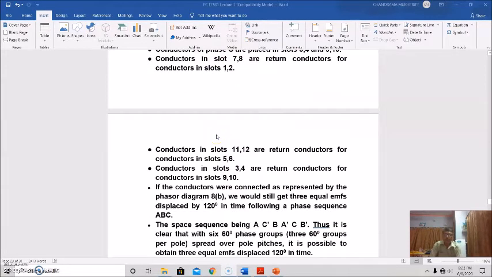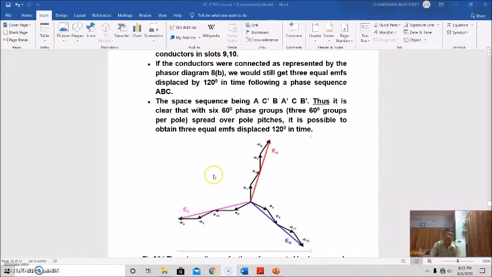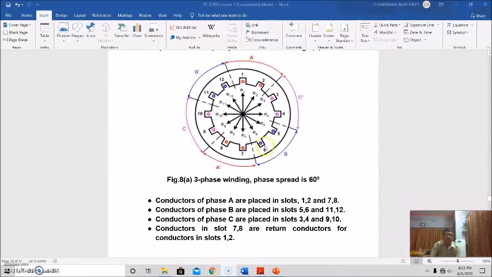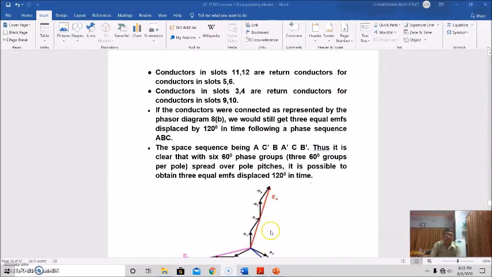Now if the conductors are connected as represented in this figure B, you could still get three equal EMFs displaced by 120 degrees in the space sequence. Here ABC. The space sequence in that case will be A, C dash, B, A dash, C, B dash, A. Okay, this will be the space sequence.